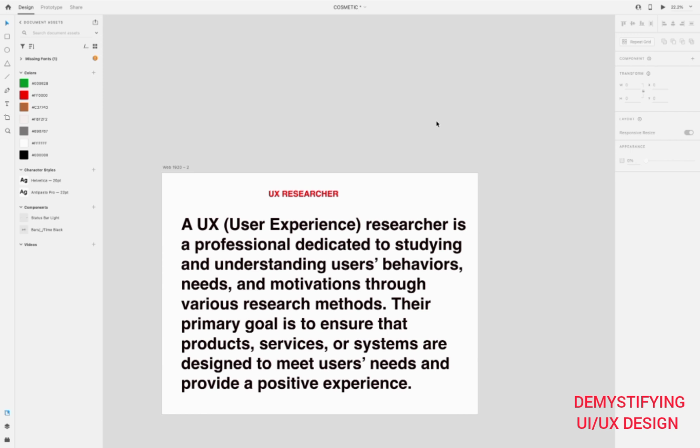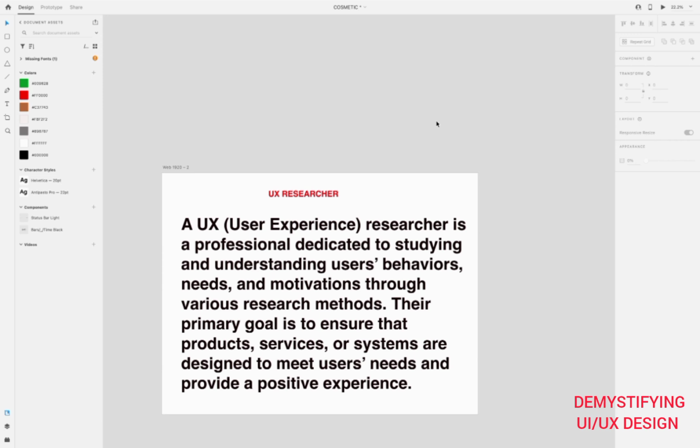As a UI designer, when a project comes to your table, you literally do what the UX researcher wants, because the UX researcher has done his or her research and has come to a conclusion following the needs and wants of the company and what the user of that product wants.